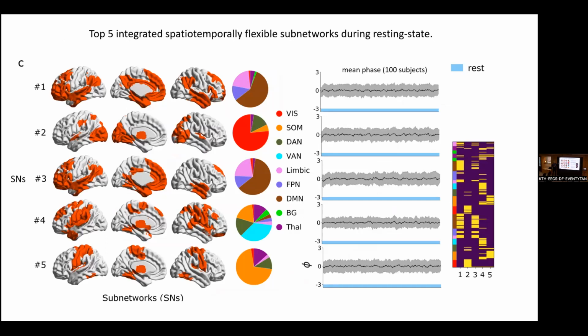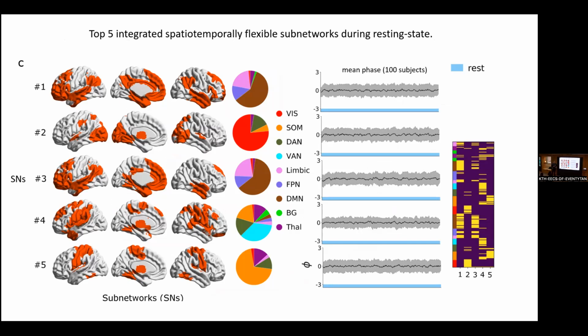If you do spontaneous rest, you ask people not to do anything at all, you basically get the canonical resting state networks. You have the default mode network, visual, attention networks, and the somewhat motor network. And if you compare the mean phase, you get 0, because everybody is not constrained by the experiment.